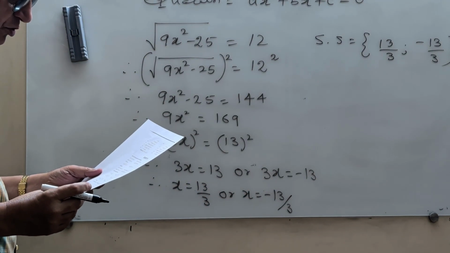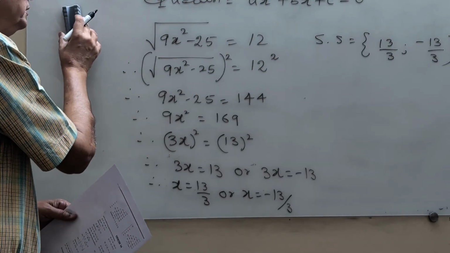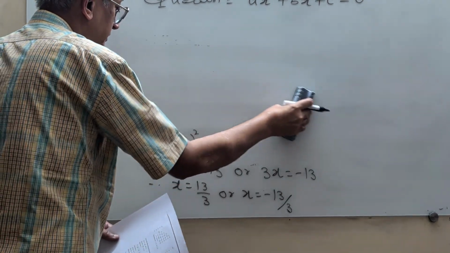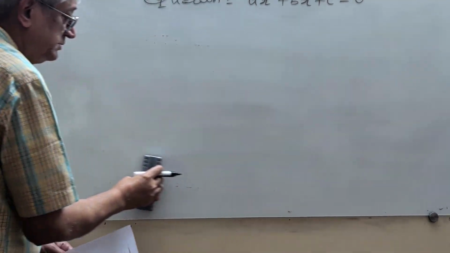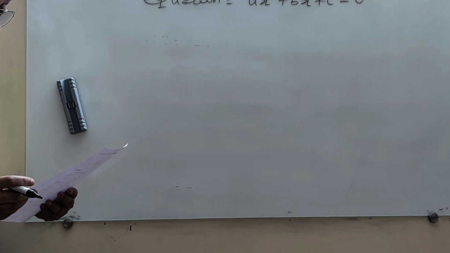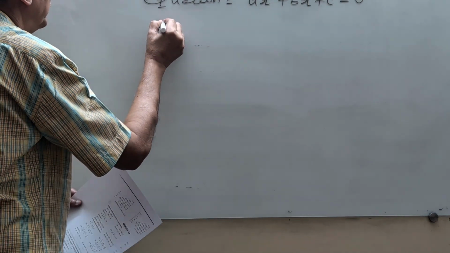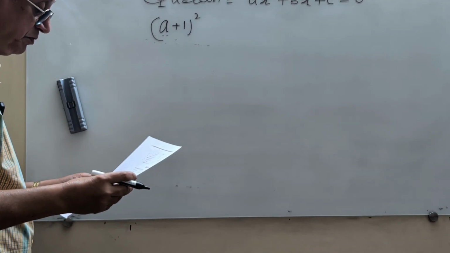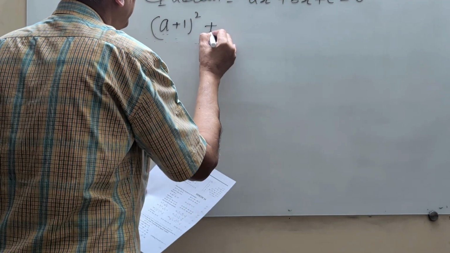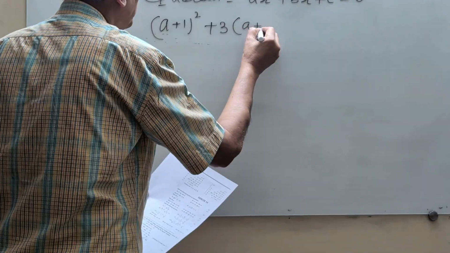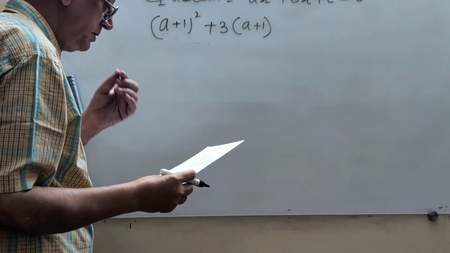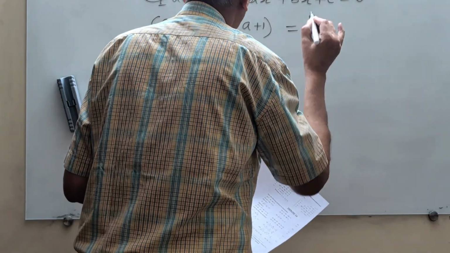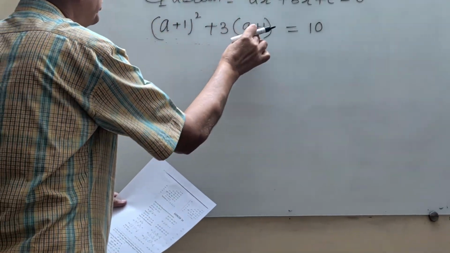Now we'll take one more sum, the next sum. Now here, (a plus 1) the whole square plus 3(a plus 1) is equal to 10. Now here, in both the brackets you have a plus 1.